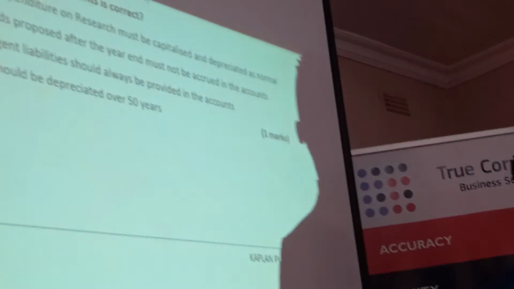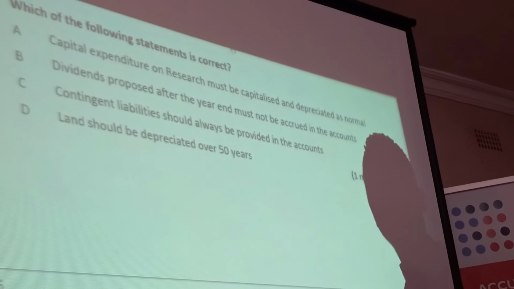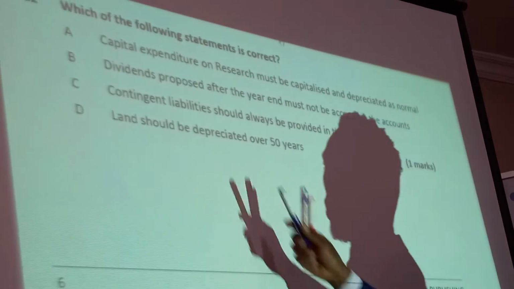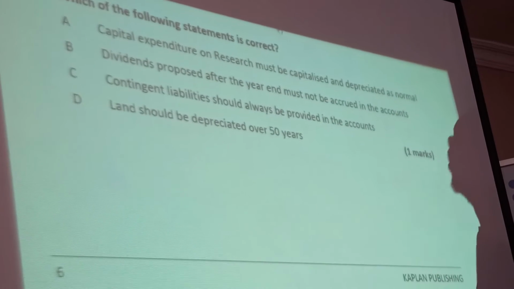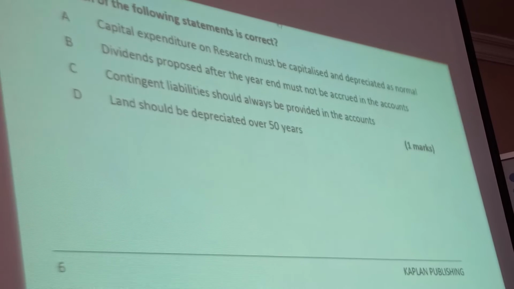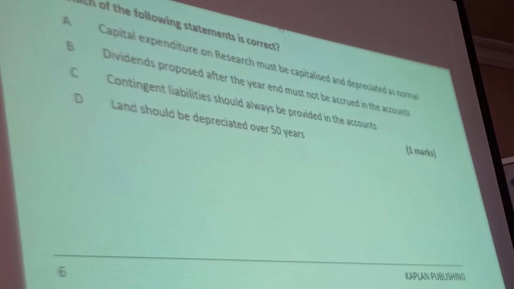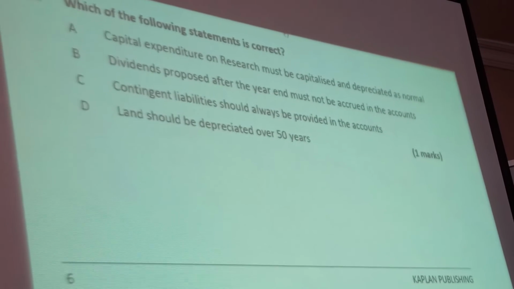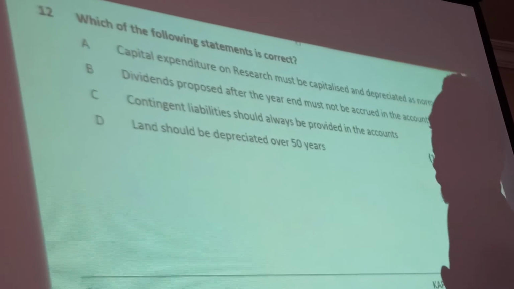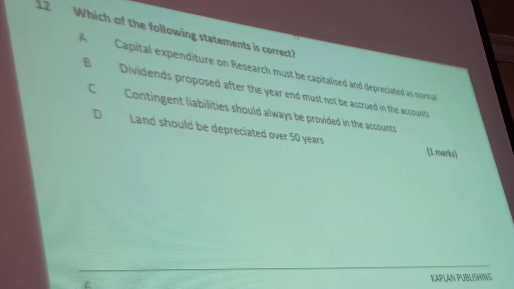I've explained about the provisions and contingencies. Guys, all the contingencies are not recognized in the financial statements, right? Contingent liability should always, number one, the word always, number two, should not be provided. They are not recognized, but they are disclosed by a note, right? Then D, what about B? You said D, right? B is incorrect.